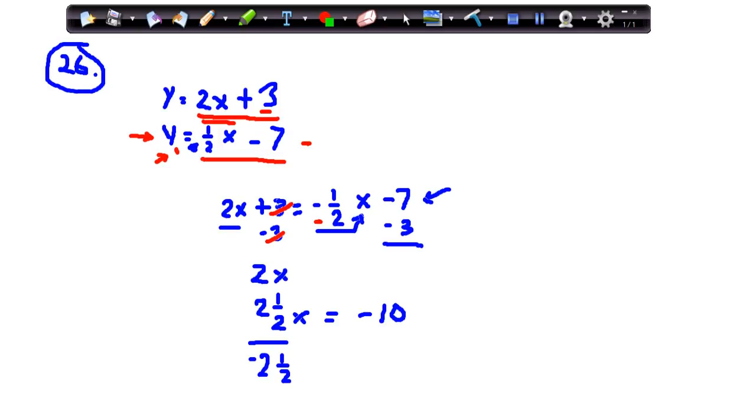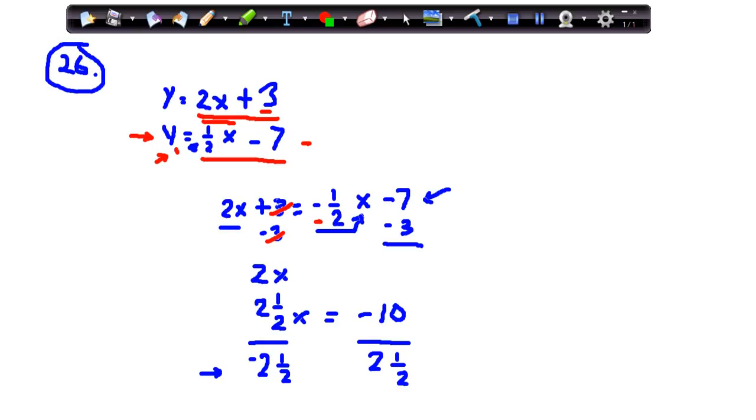So, whatever we do to one side, we do to the opposite side. Remember, 2.5 divided by, notice this is negative over here and that one is positive over here.